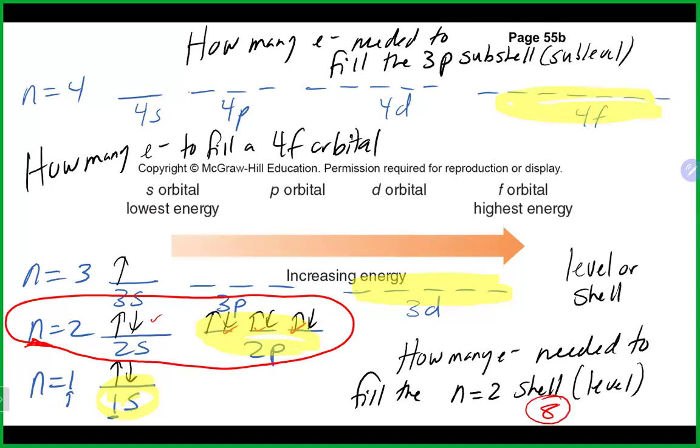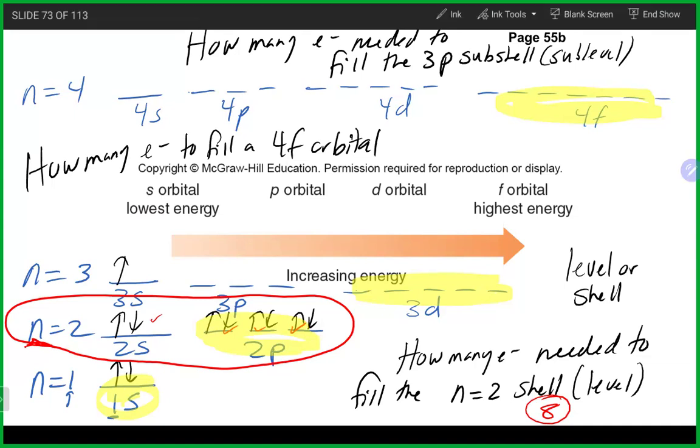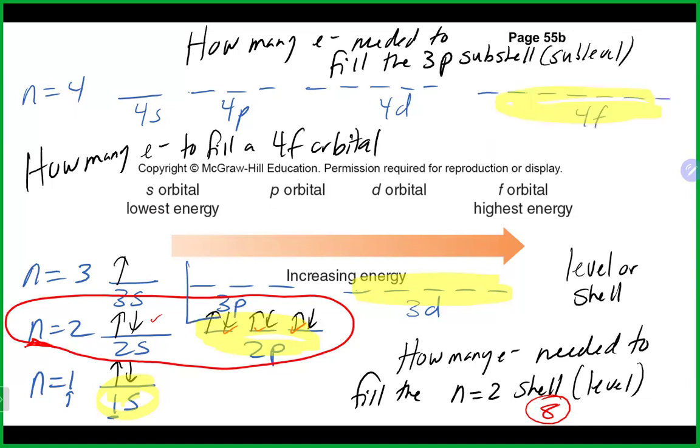How about how many electrons to fill the 3p subshell or sublevel? The 3p subshell would be just these guys right here, those 3p orbitals together.